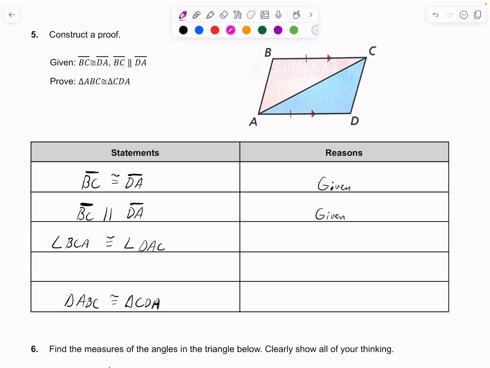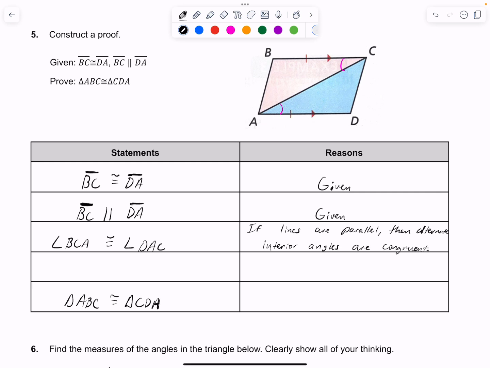So I'll mark that here. All right, so BCA is here, and then DAC is there. I'm hoping you recognize that those are alternate interior angles. So this is if lines are parallel, and I recognize that they're segments, then alternate interior angles are congruent.